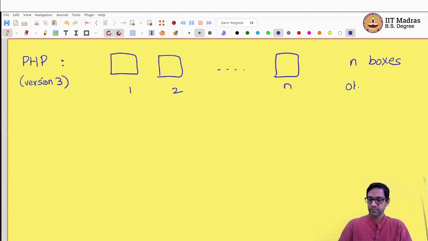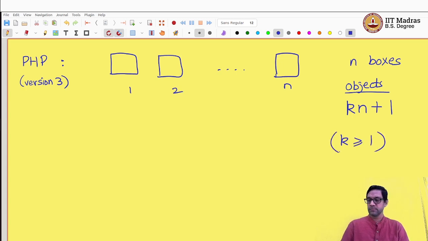Now, how many objects do I have? Earlier, in version 1 of the PHP, I had n plus 1 objects. Here, suppose I have not n plus 1, but let's say 2n plus 1 or 3n plus 1, or generally some kn plus 1, where k is some number which is 1 or more. So I take a multiple of n, kn, and add 1 to it. Suppose I have this many objects which I now have to place into these boxes.